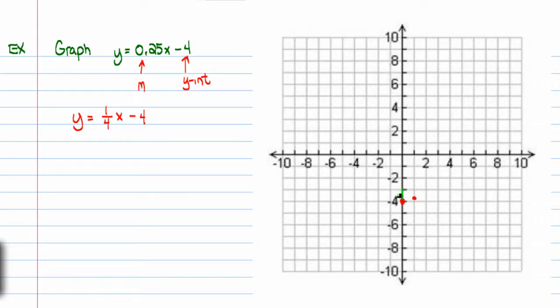So starting at the y-intercept, I'll go up 1, and I'll go over 1, 2, 3, 4 steps. That'll be my second point. I'll label both these points because I have a bad habit of not labeling my points, and that really is a bad habit. That's x equals 4, y equals -3, and this is x equals 0, y equals -4. And if you connect those dots, that should provide you with a nice clean line.